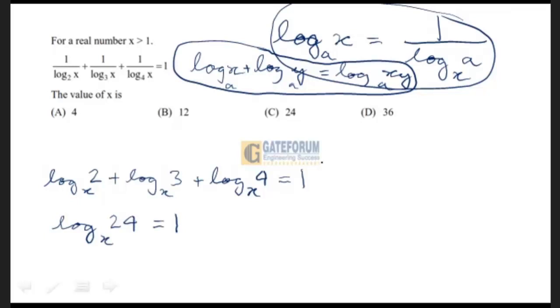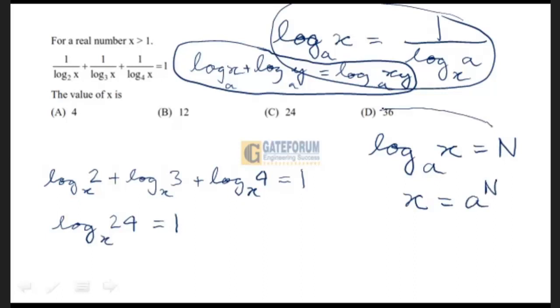Now, 24 base x is also a very common relation. See, if anybody says that log of x base a is equal to n, I am sure you will agree that we can say, converting it to indices, that x is equal to a to the power n.